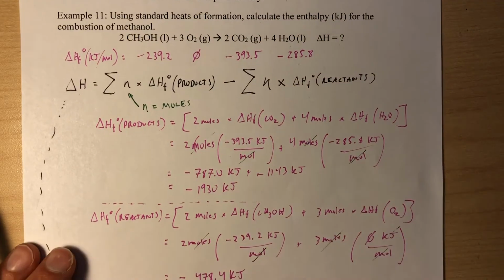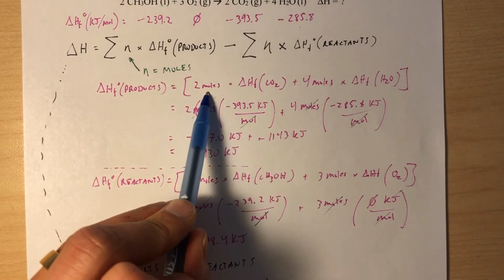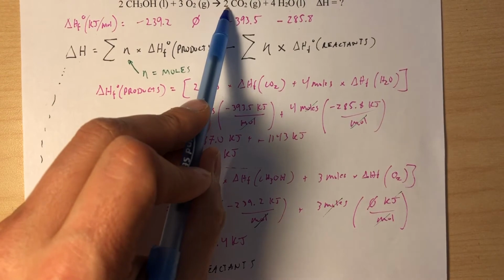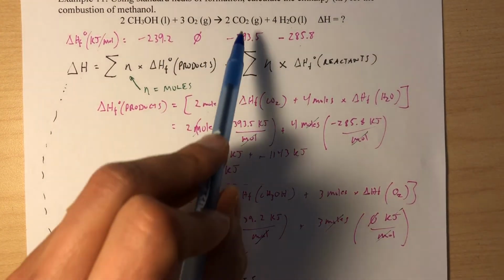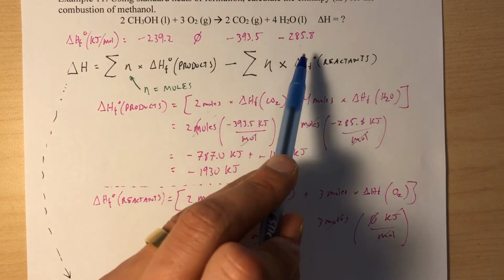So here's how we calculate that for the products. The delta HF for the products is going to be equal to 2 moles of carbon dioxide times the heat of formation of carbon dioxide plus 4 moles times the heat of formation of water.